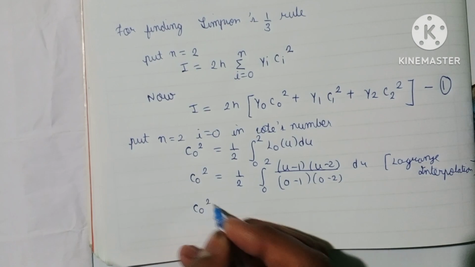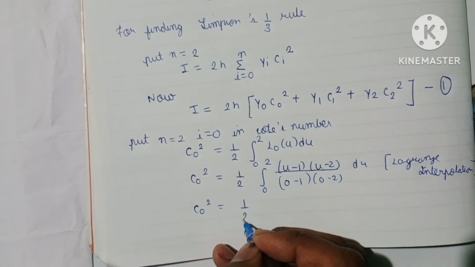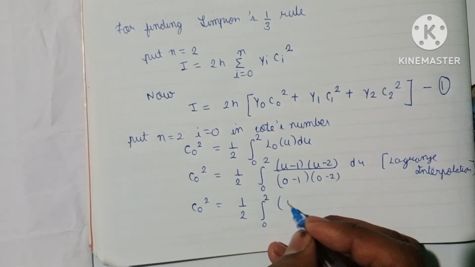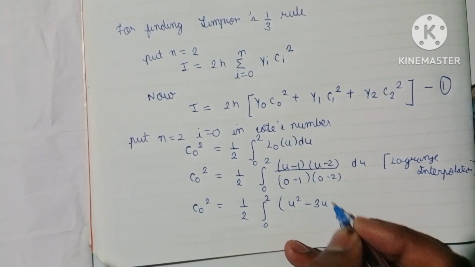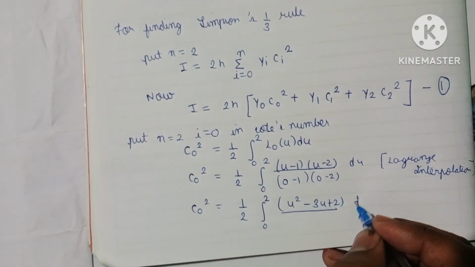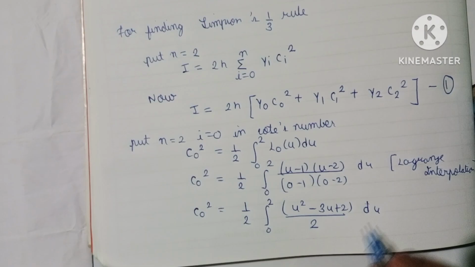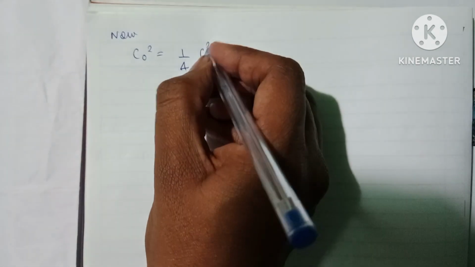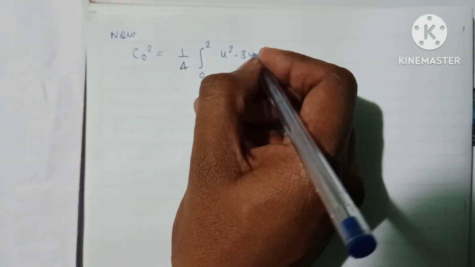Now C0^2 equal to 1 by 2 integral from 0 to 2, this becomes (u square minus 3u plus 2) upon 2 du. Now C0^2 equal to 1 by 4 integral from 0 to 2 of (u square minus 3u plus 2).